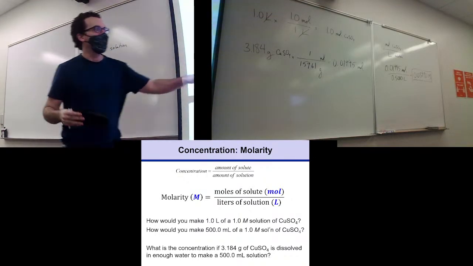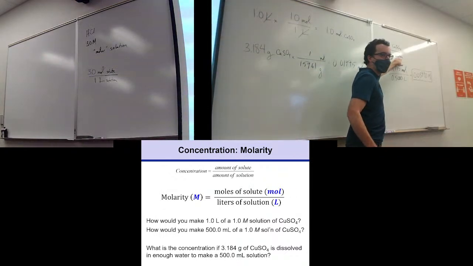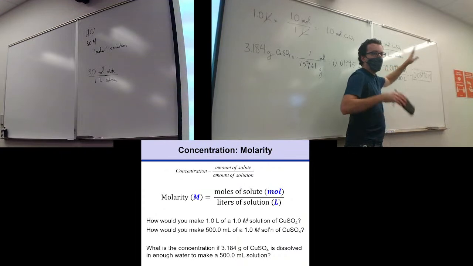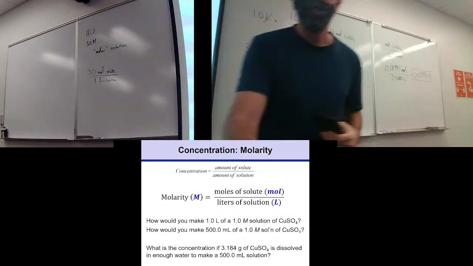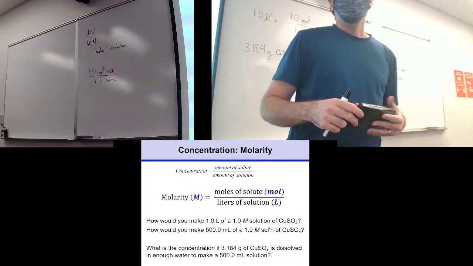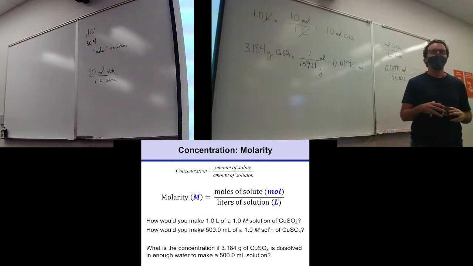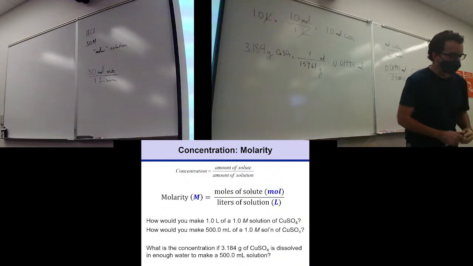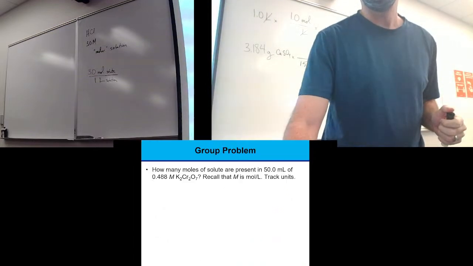So remember, this denominator here is not the volume of the solvent. It is the volume of the final solution. So that's why it's worded the way it is, okay? We need to know the density of whatever molecule we're putting in there to know how much water we need, right? So you could do it that way if you want.